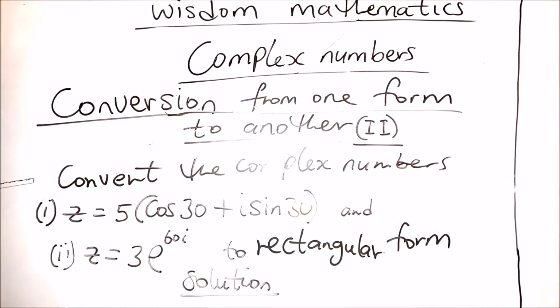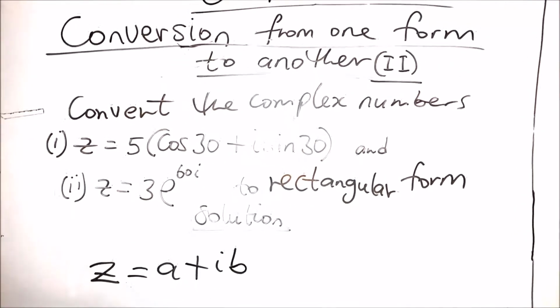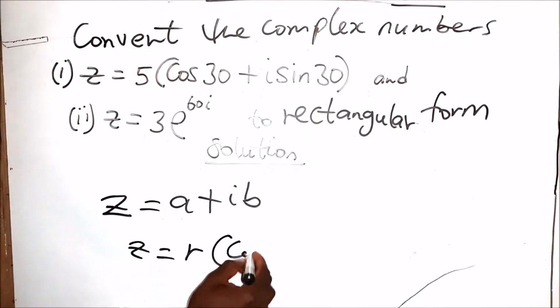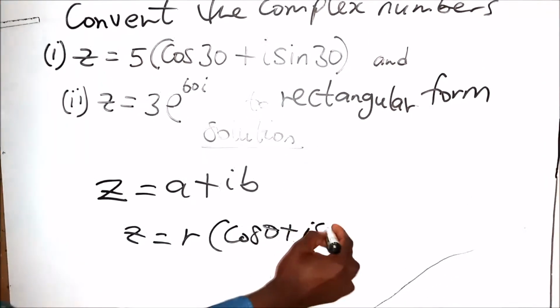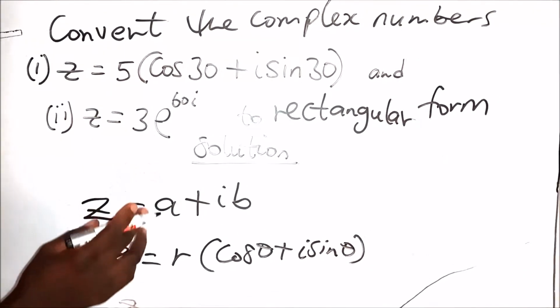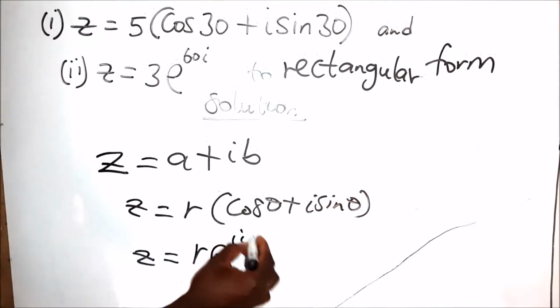Now, rectangular form, as we know, is a plus ib, while polar form is r bracket cos theta plus i sin theta, and Euler form, which is exponential form also, is r exponential i theta.